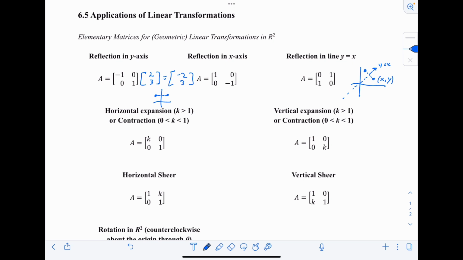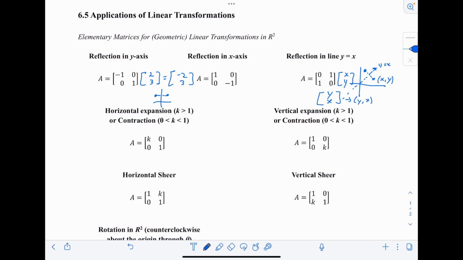The x becomes the y and the y becomes the x. And so again, when you look at that matrix, we can see how that's going to happen. If I take a generic point (x, y) and multiply, I'll get 0 times x plus 1 times y, which is y, and then x in the bottom. So this actually creates the ordered pair (y, x).